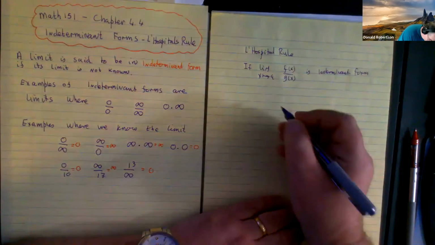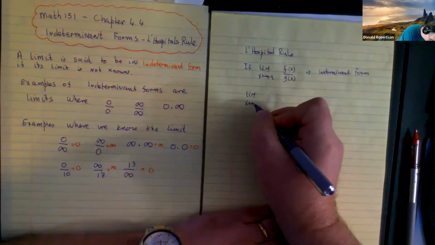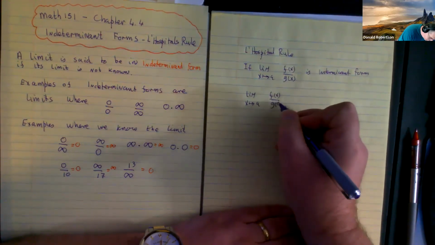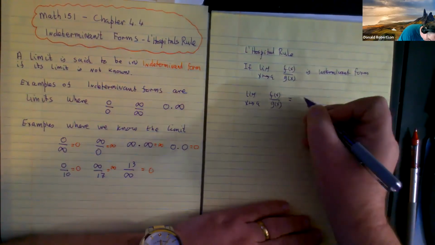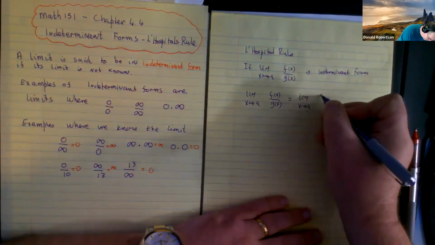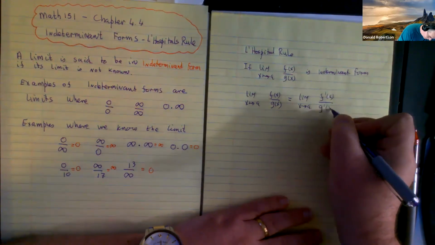If it is, he found out that the limit as x tends to a of f of x over g of x, you can find that limit by finding the limit as x tends to a of the derivative of f over the derivative of g.